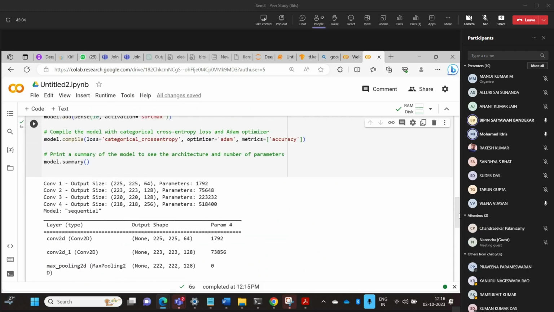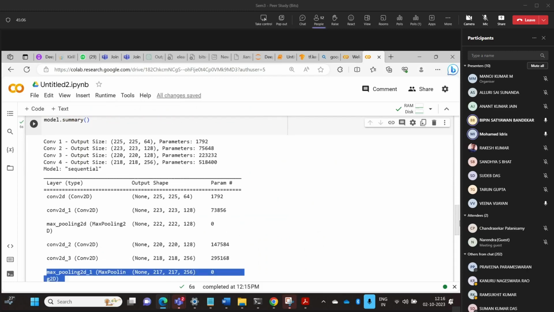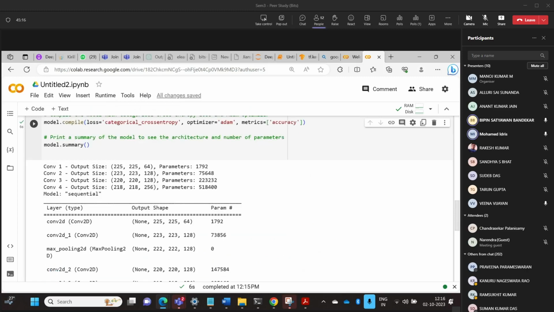No, it is not because of padding, it is because stride is one. If you add padding of 1, it will give you 223 itself. Yes, you are correct, you can experiment that way.